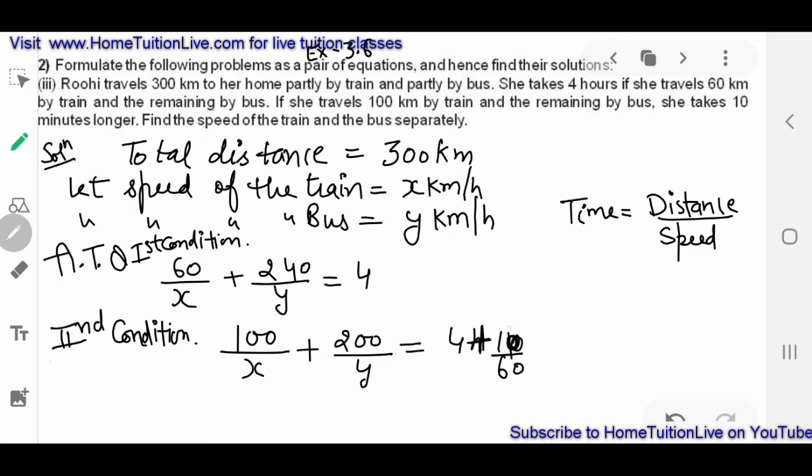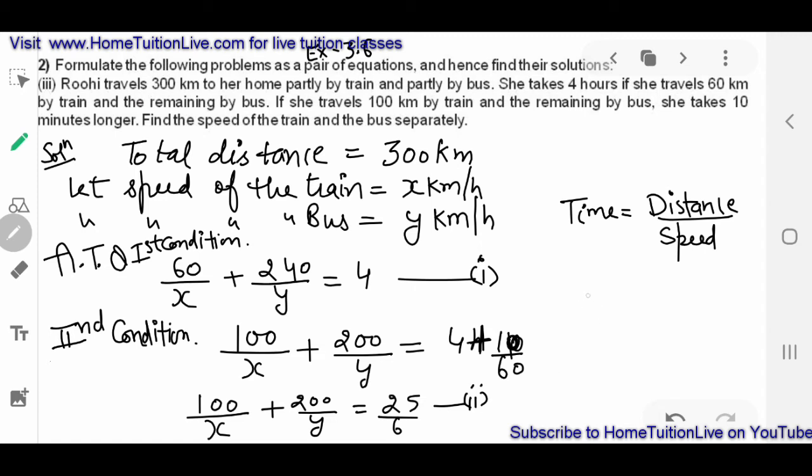Convert this 10 minutes into hours. So we can write it as 100 upon x plus 200 upon y equals, when we solve this, we will get 25 by 6. So this is our first equation. This is our second equation.